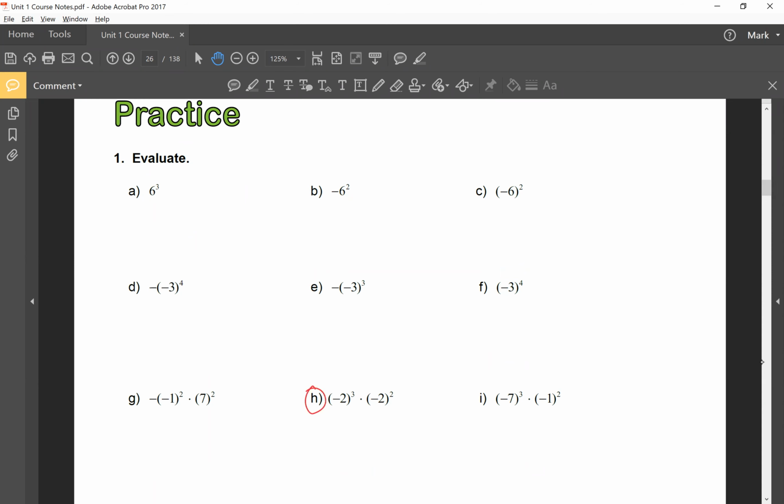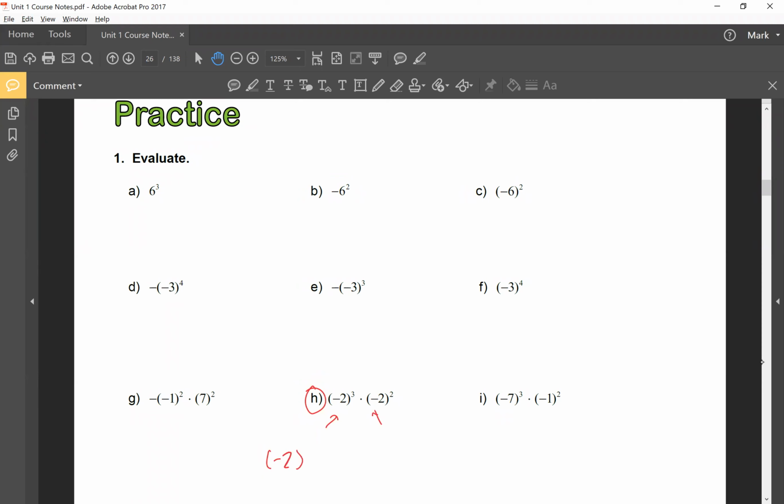Now, again, you can do this on your calculator. I wish I was in person or I could show you my calculator. But anyways, you can do this in one step on your calculator, or you can do this in 2 parts. So first things first, let's look at the left side. This is -2 in brackets cubed.